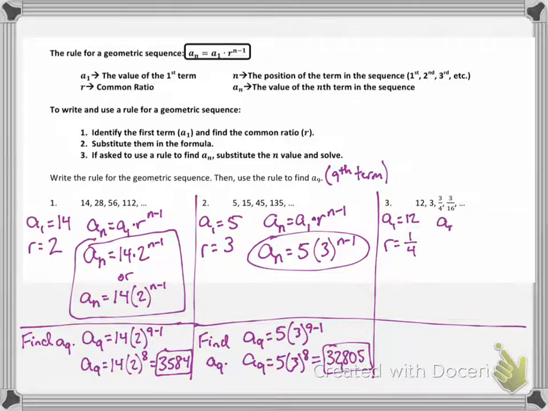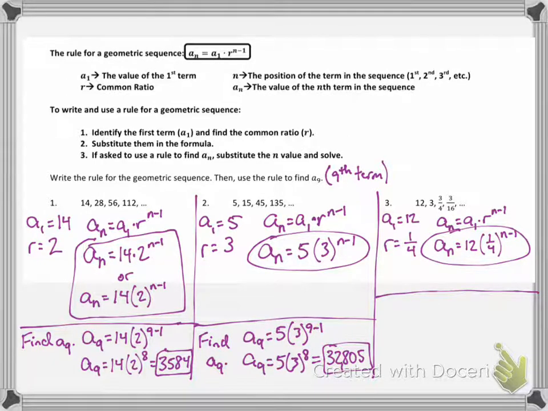So, once again, I'm going to plug all those things in: 12 times 1/4 to the n minus 1 power. Again, I can't emphasize this enough. Do not turn 12 times 1/4 into something else. Do not multiply those together. Leave that alone. And that's your formula. Now, let's go ahead and find that 9th term.